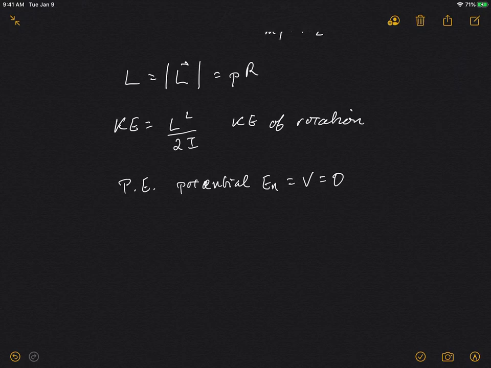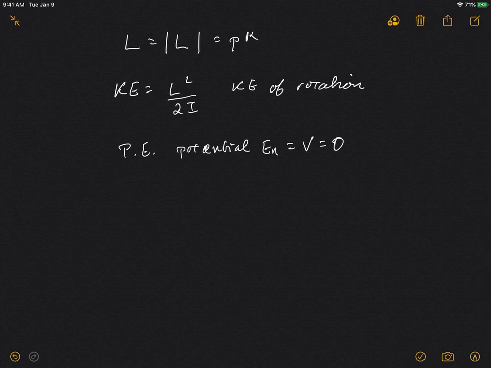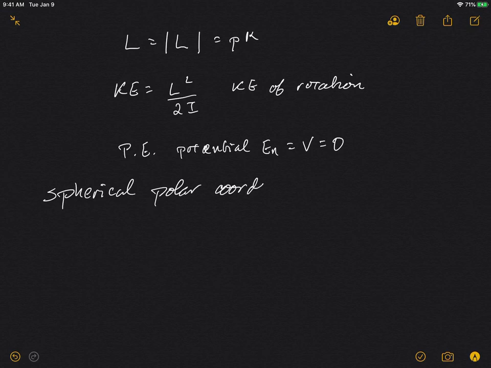And so it turns out that we can't really solve the rigid rotor problem in 3D in Cartesian coordinates, so we have to switch to spherical polar coordinates. That will allow us to develop an expression for the kinetic energy in terms of angles in spherical polar coordinates.